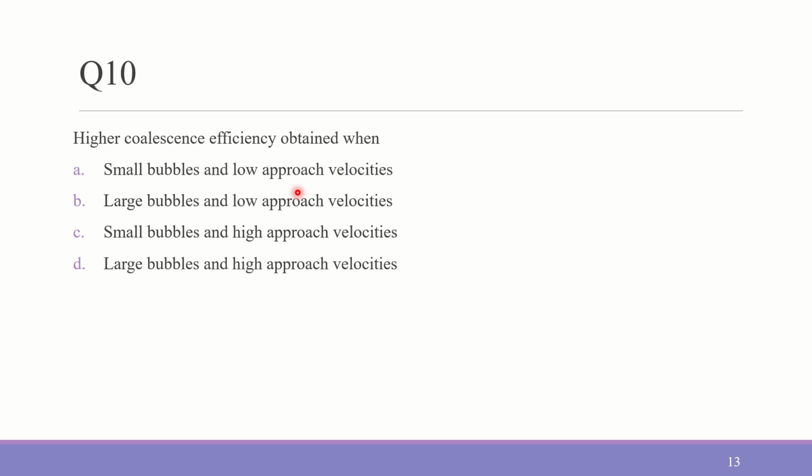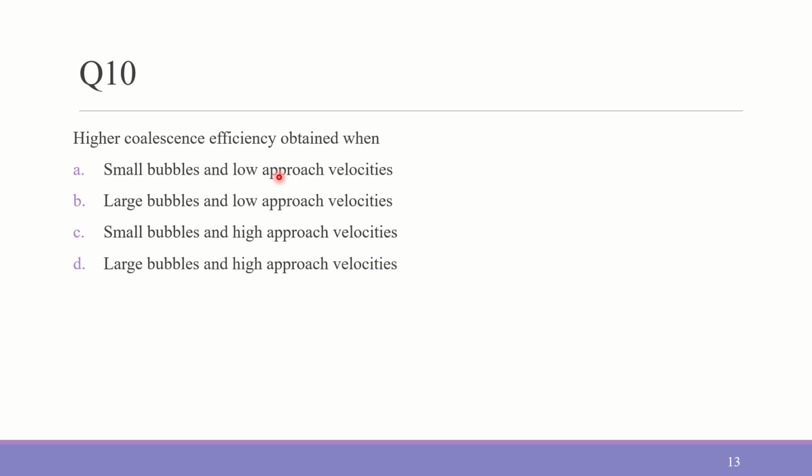At that time the coalescence efficiency is quite high. So when you have smaller bubbles and smaller approach velocities, the coalescence efficiency is high. You can inversely relate these terms: coalescence efficiency is inversely related to bubble size and approach velocities.